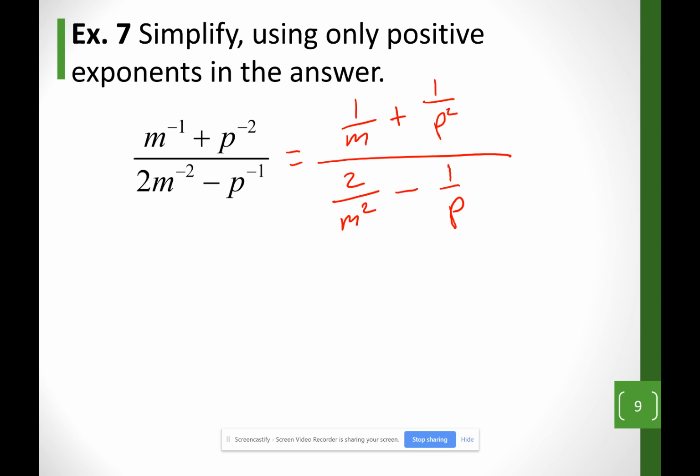I'm going to think about my exponents, m and p squared, which one is my least common denominator. I'm going to multiply everything by m squared p squared.